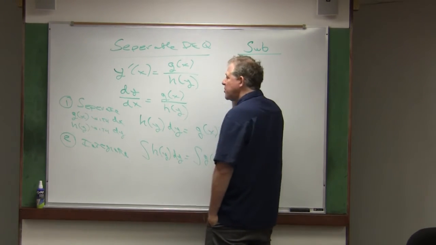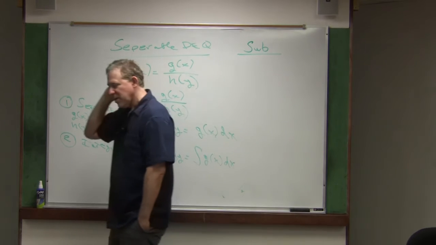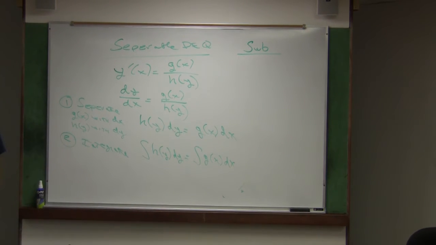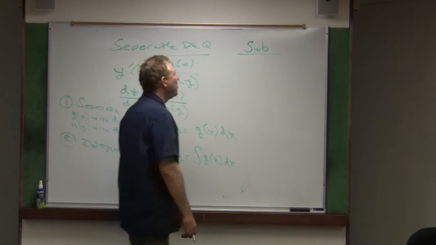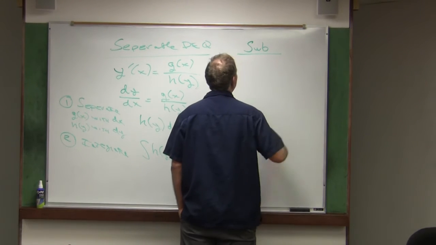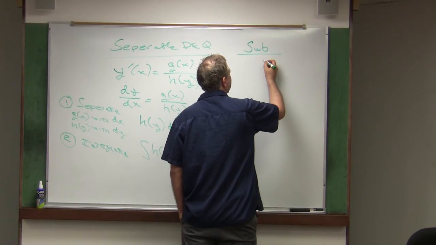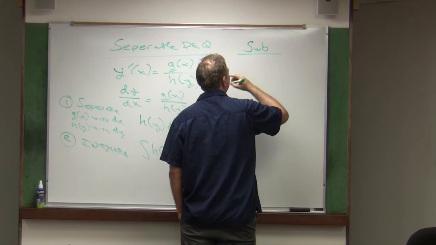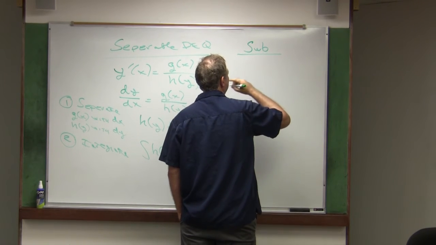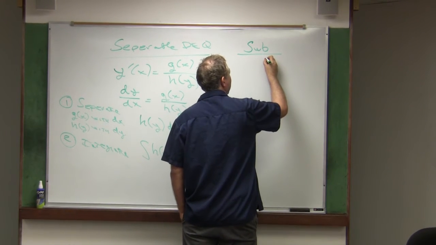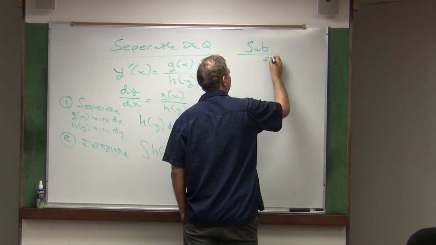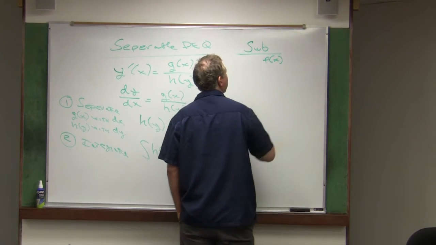Okay, so your substitution rule, remember what your substitution rule says. It says, for instance, if you have some function, and I'm going to call this, say, f of x or something, okay?